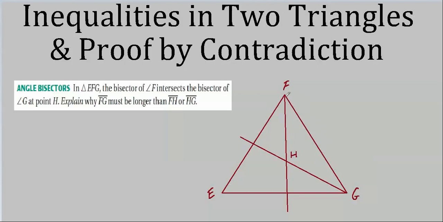This is an angle bisector, so these two angles are congruent. In fact, we cut them in half. Now, the largest obtuse angle you could get would be 180, at least in terms of a triangle. And if you have a 180 degree angle in a triangle, you don't really have a triangle, you have a straight line.